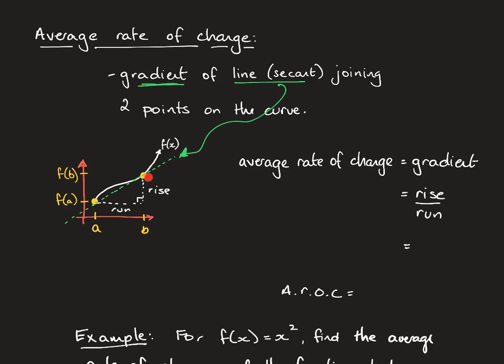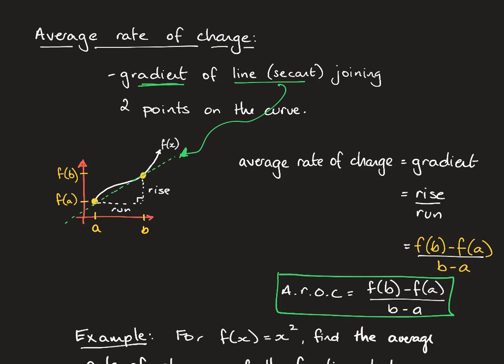And so we take this top value and we minus the bottom value. And so our formula becomes our rise, which is f of b minus f of a, over our run, which is our b value minus our a value. And this is the formula that we use for average rate of change.